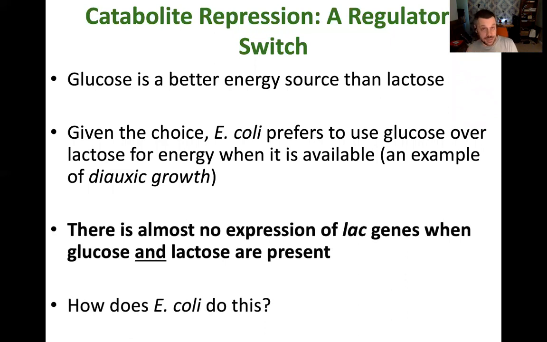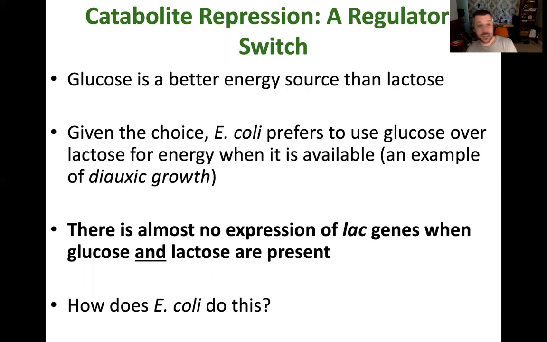So because of that, when you have a lot of glucose and a lot of lactose present, there is a way that the cell basically does not express any of the genes in the Lac Operon when glucose is present, no matter if lactose is present or not. And this is an example of catabolite repression.